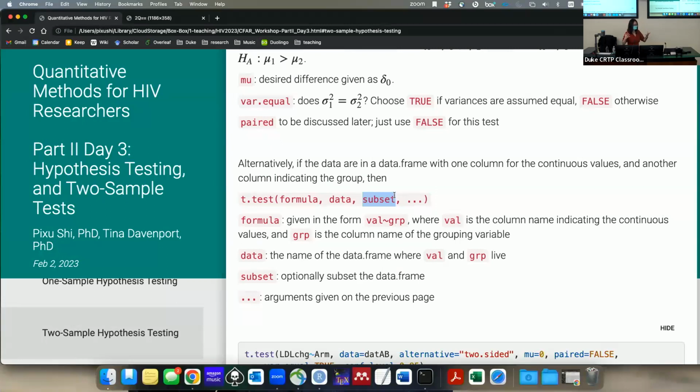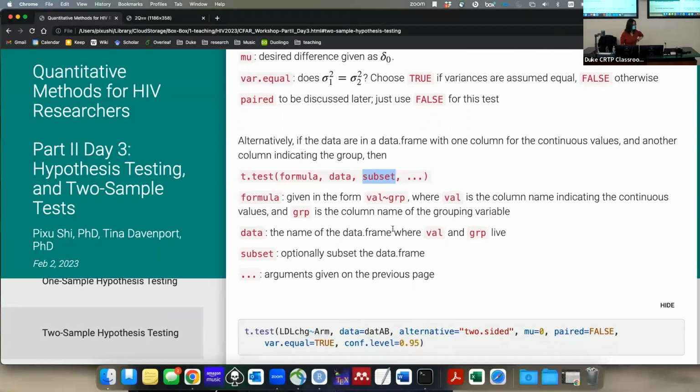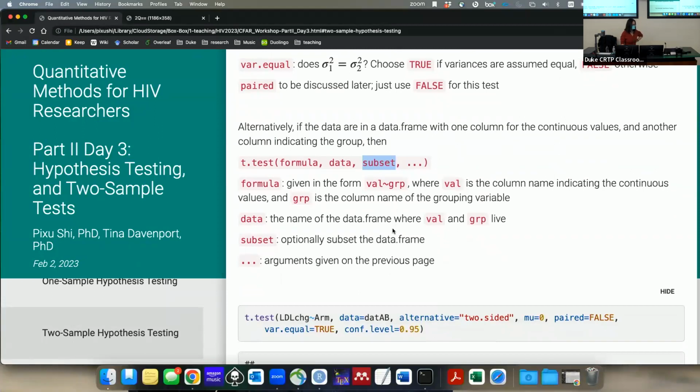It's just a convenient feature to subset your data frame instead of creating another data frame. But if you have multiple hospitals and you still want to do the same comparison, I would suggest a more complicated model, for example a linear regression, to account for the variation across hospitals. This is just a very simple test that only considers one factor. No problem.